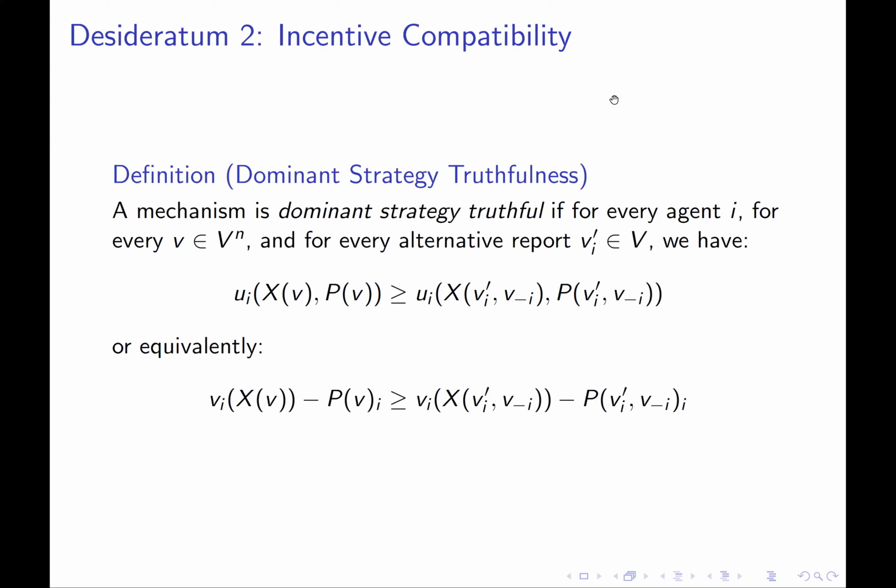Because dominant strategy truthfulness is such a strong criterion, and you don't have to think about what your opponents might be doing. No matter what they do, you're always best off reporting truthfully. Okay, so our second desideratum is that people should always be incentivized to correctly report their data to us.